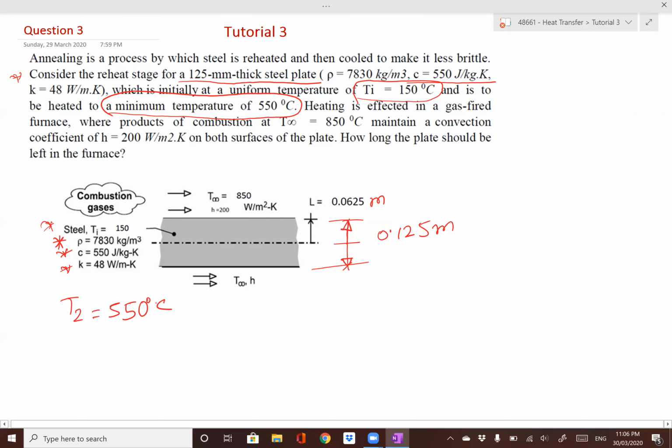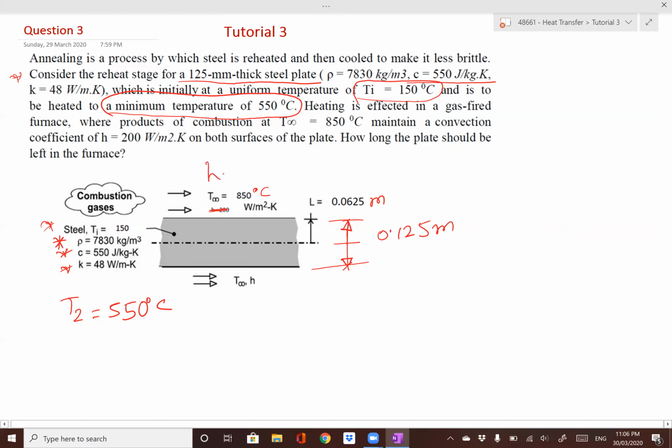Now heating is effected in a gas-fired furnace where combustion products are at a temperature. So furnace temperature given 850 degrees Celsius and convection coefficient given 200.